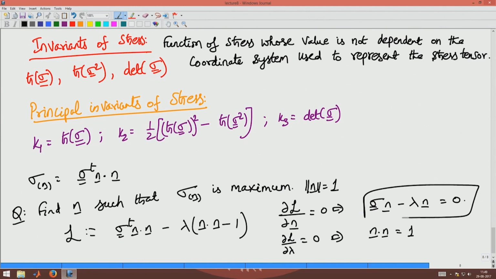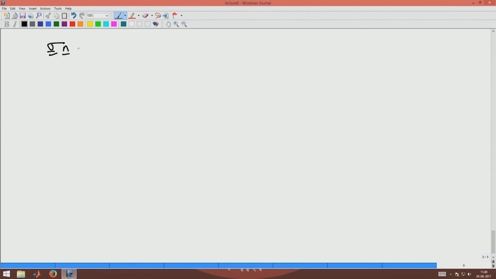Look at this equation further: sigma n minus lambda n equal to 0. I can rewrite it as sigma minus lambda times identity, times n, is equal to 0. This is a matrix, something like A times n equal to the 0 vector.